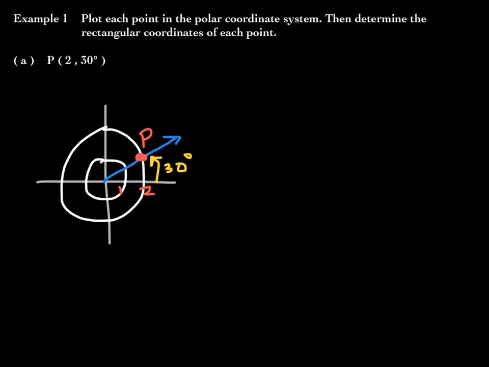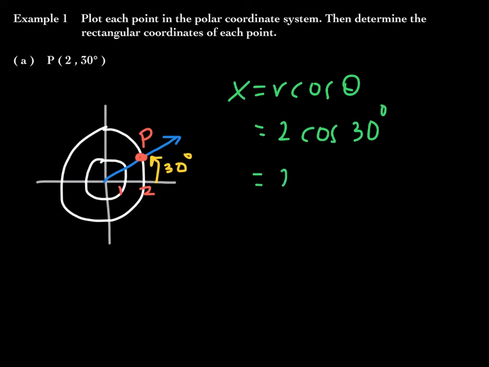Now, as far as finding rectangular coordinates for this point, we know that x is equal to r cosine of theta. So that means it's equal to 2 times cosine of 30 degrees. So it's 2 times root 3 over 2. That is to say, x is equal to root 3. Now y is equal to r sine of theta.